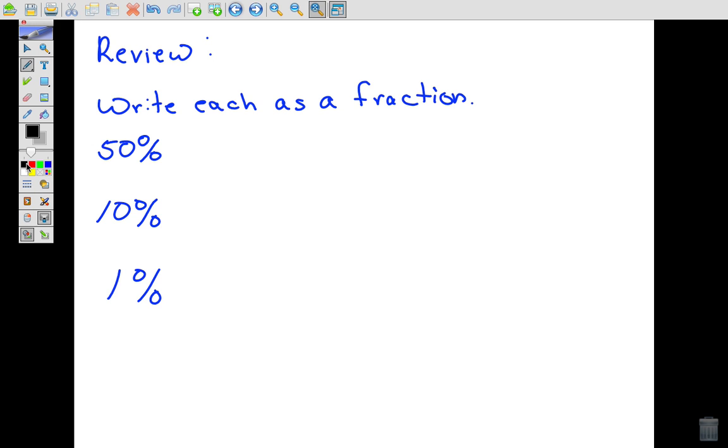Or in other words, what is percent out of? Well, percent means out of 100. So this would be 50 out of 100. And then I can reduce that. Anytime the top number or numerator is exactly half the bottom one, we know that reduces to 1/2. So 50% as a fraction is the same thing as 1/2.